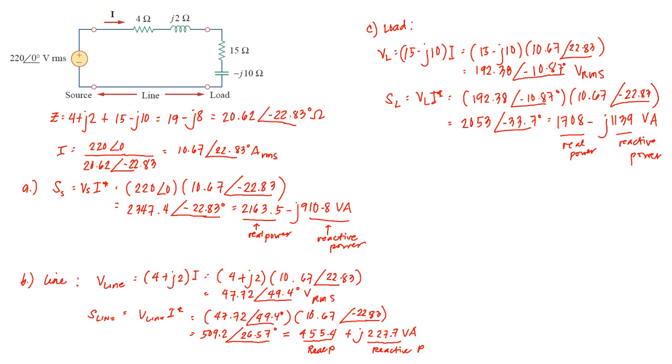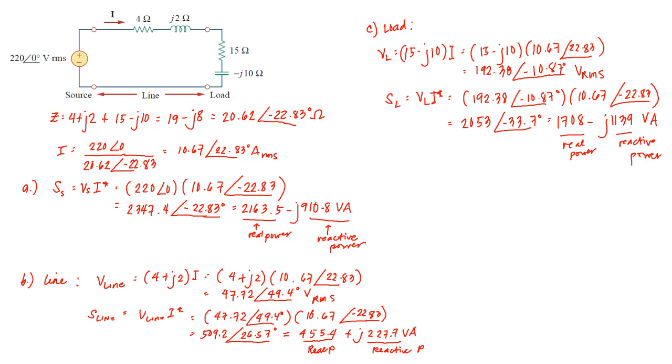So the complex power, let's say this is S sub L. So VL times I conjugate, so that is 192.38 angle negative 10.87 degrees multiplied by 10.67 angle negative 22.83.